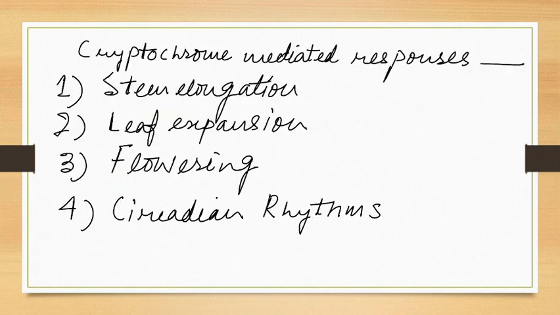Now, if we consider the cryptochrome mediated responses, we must understand these things, including stem elongation mechanism, leaf expansion mechanism, flowering, and circadian rhythms.